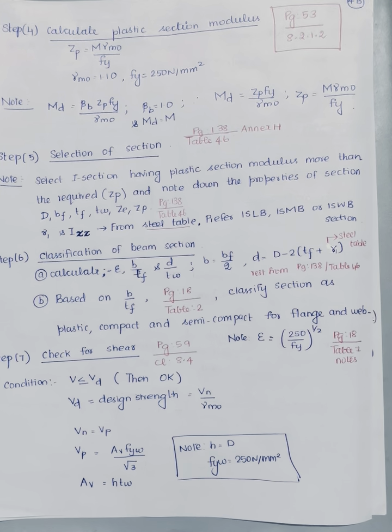So once the beam section is classified, we move to the checks. Various checks we do. At step 1, what did we do?